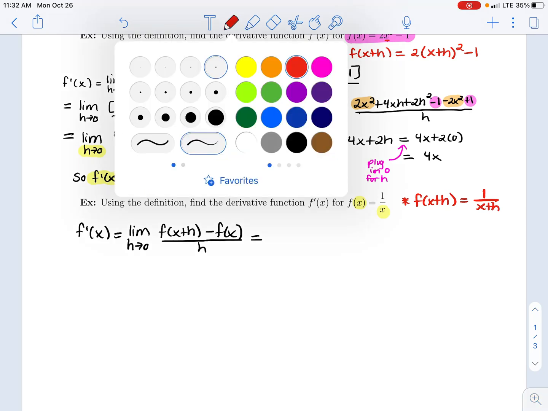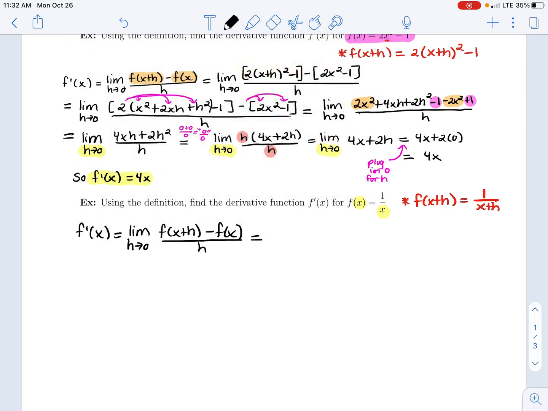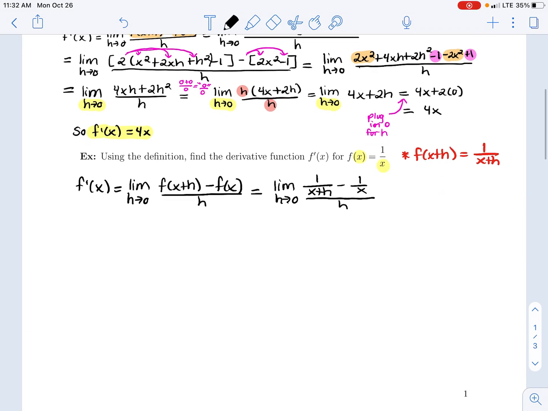So here I'm going to now just plug in, and so I get the limit as h approaches 0 of 1 over x plus h minus 1 over x, and then all over h. Okay, so from here I just plugged in f of x and f of x plus h. Okay, so now this is the part where it gets scary, right?